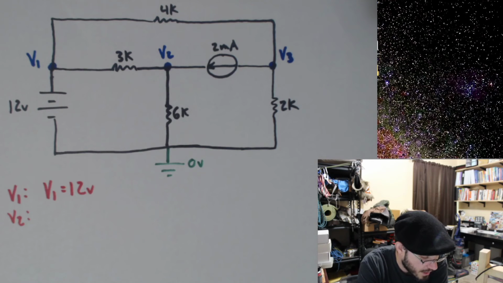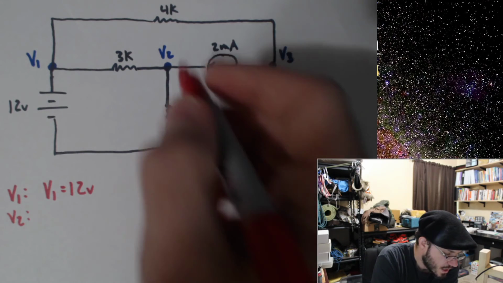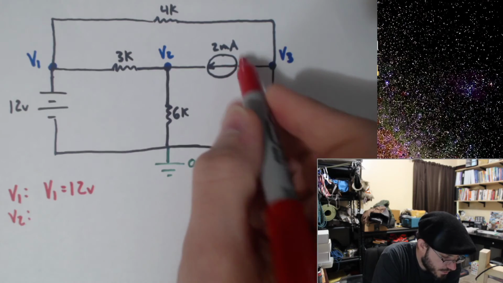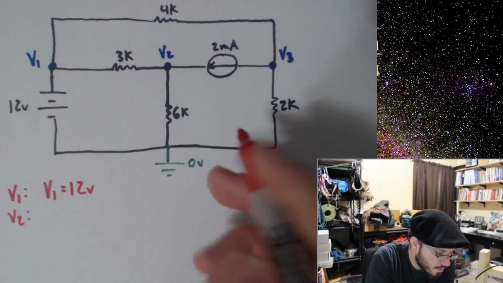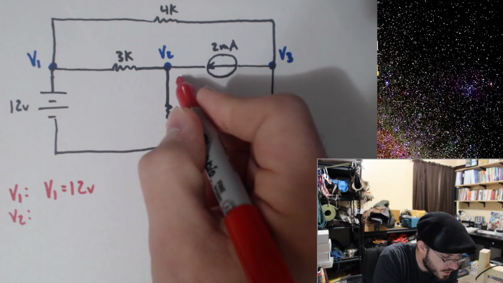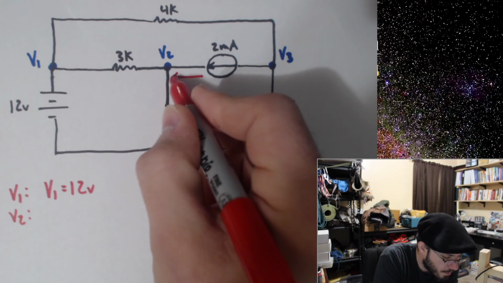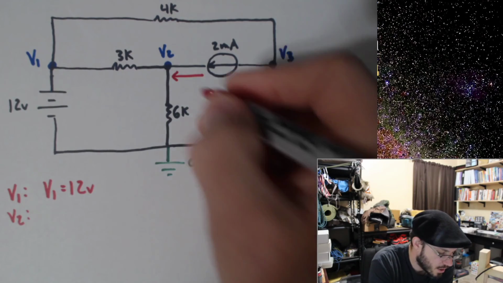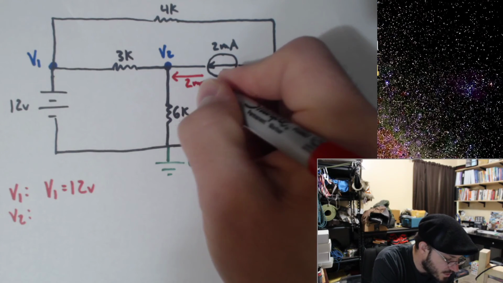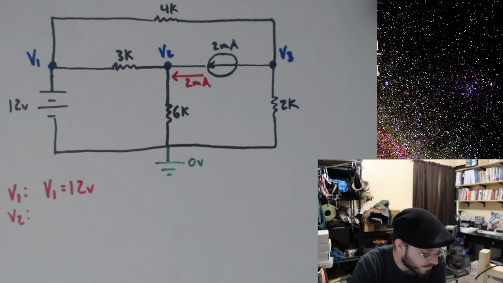Otherwise, arbitrarily, I'll pick them to go in any direction. The first thing that stands out to me along this wire here is a 2 milliamp constant current source. So I'm going to draw my conventional current to go in the same direction as my current source, and label that as 2 milliamps.